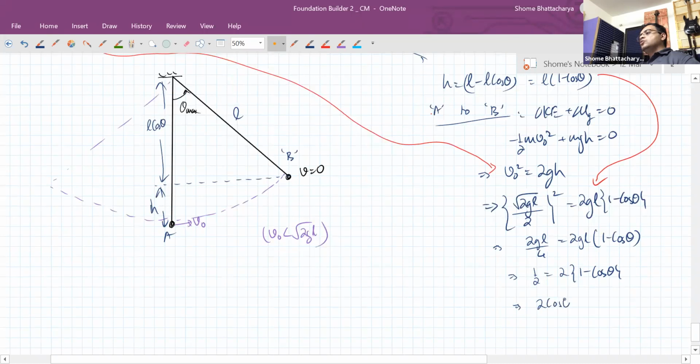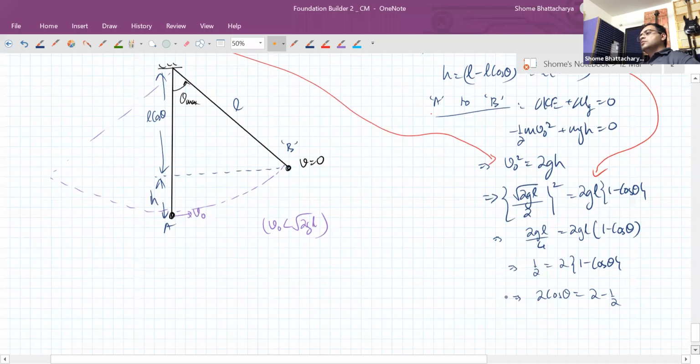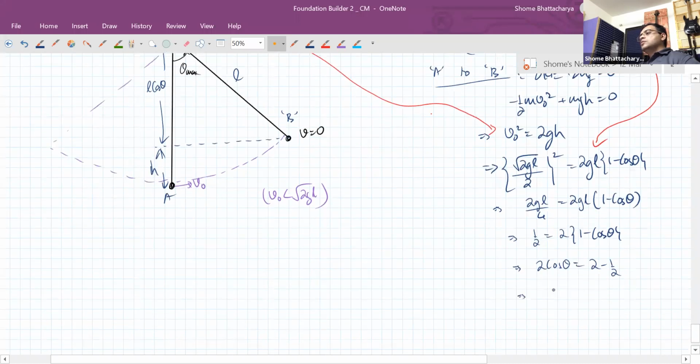So 2 cos theta is 2 minus half. So cos theta is 3 by 4. Or theta is cos inverse of 0.75. So that will be the maximum angular difference. You could have also done this numerically.